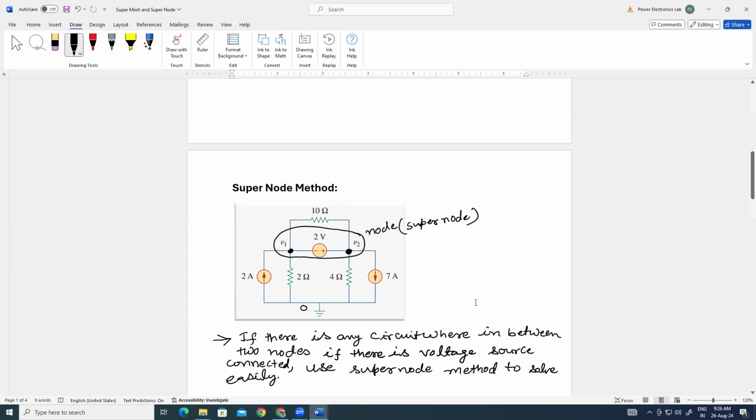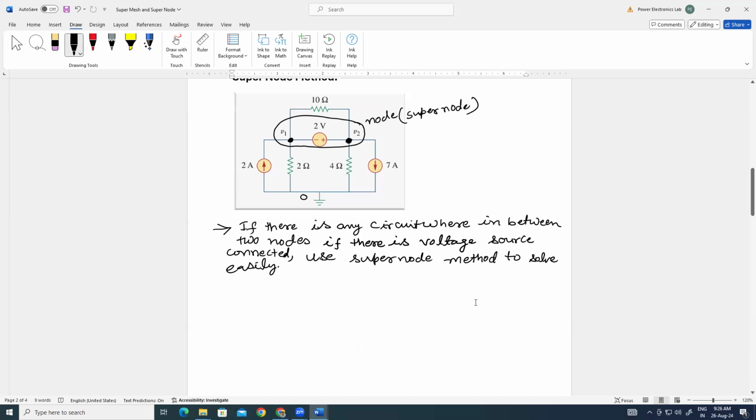So we will apply super node, and as per the super node we have to take V1, V2 and the 2 volt source together as a super node.